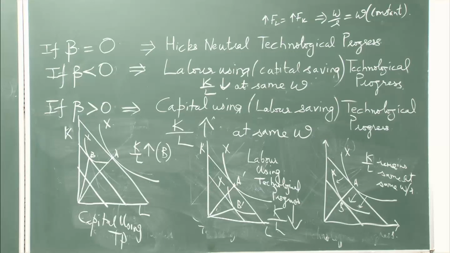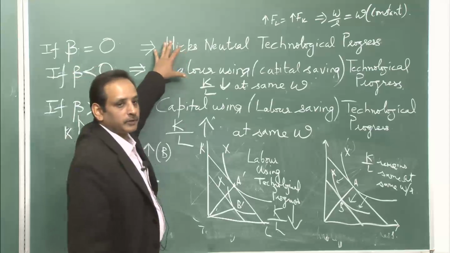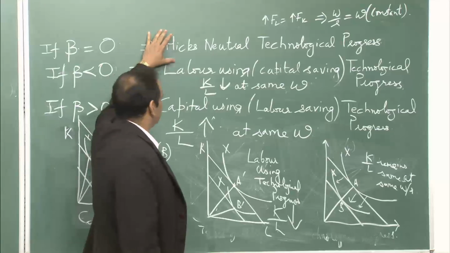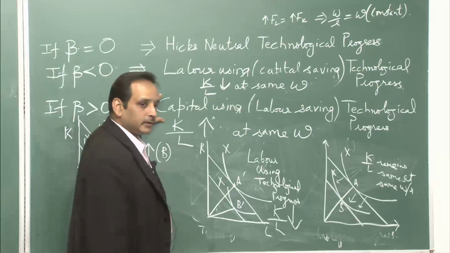But the distinction is that there are three types of technological progress defined in the literature: Hicks neutral, labor using, and capital using.